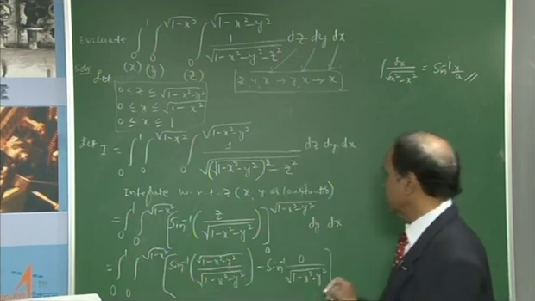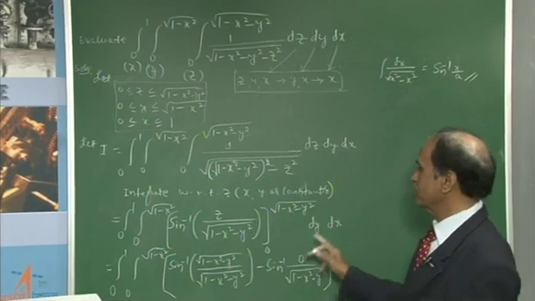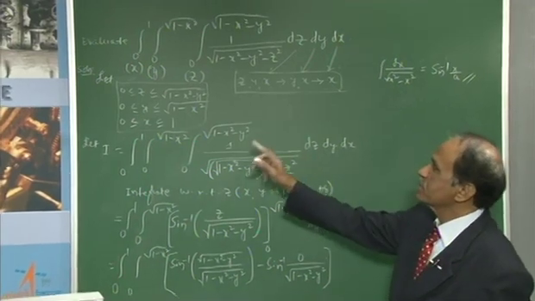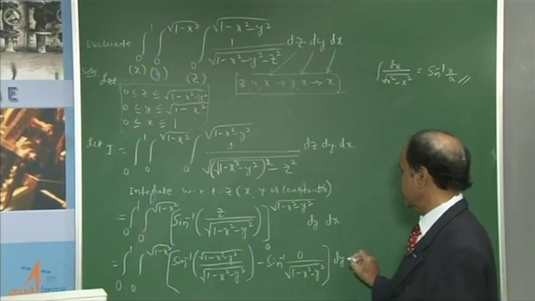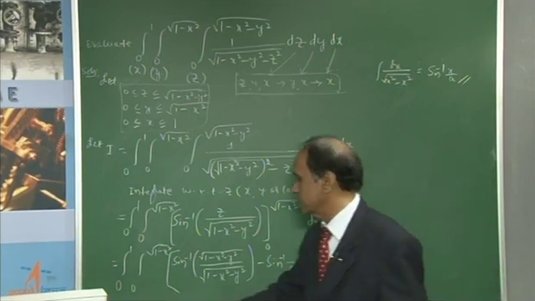This is the application of the upper and lower limits after the first integration. This is dy and then dx.